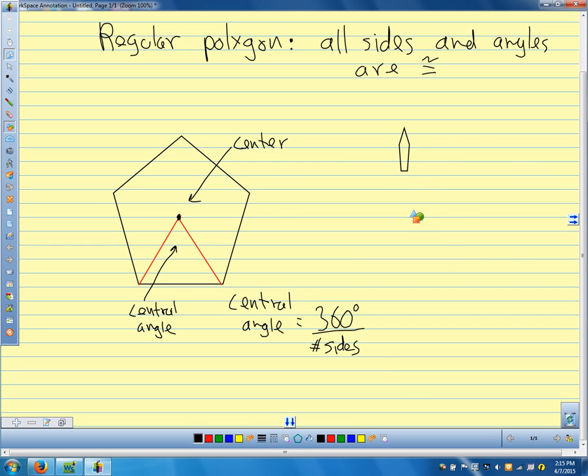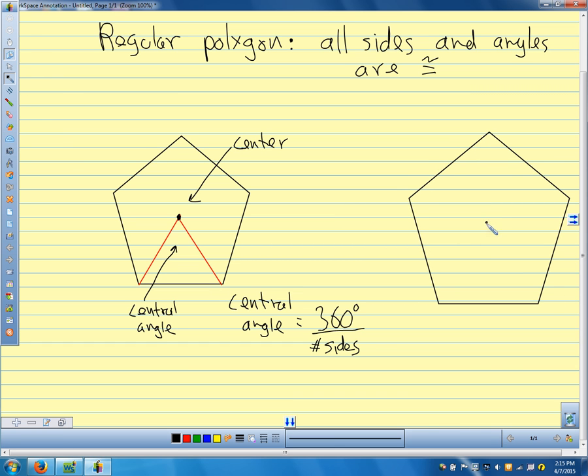All right, I'm going to draw another regular polygon here. We have some other parts that we need to know about. So there's our center. And I'm going to draw another triangle in here, like so. And we're making this a right angle.